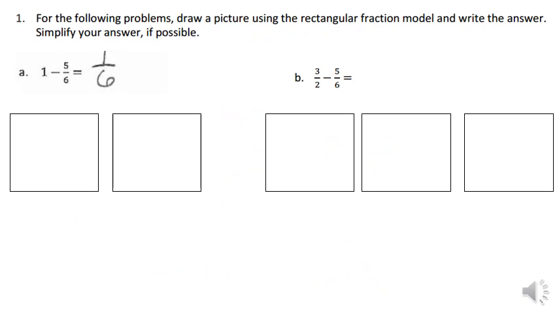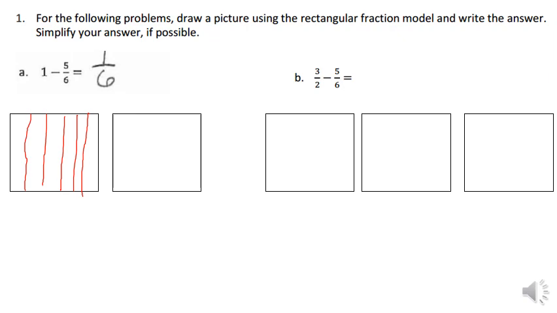Next one, for the following problems, draw a picture using a rectangular fraction model and then answer. So now we're getting back to the whole numbers again. Now we're going to take 1 and we're going to subtract it from 5/6. Well, if you notice, if I were to change this whole number to 6/6, and we would have to shade them all in.